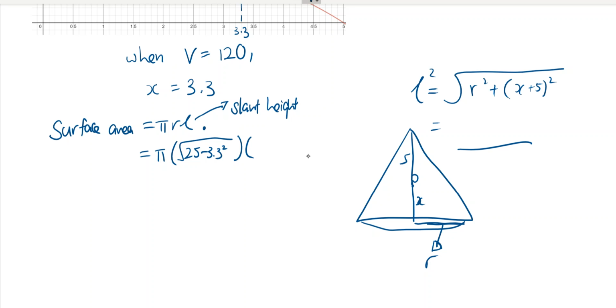Find out the value, sub it inside, and that is how you get your surface area.